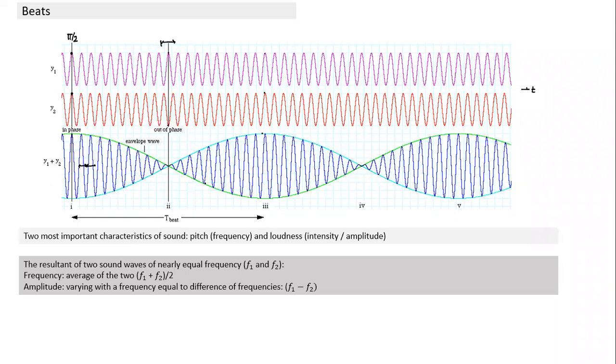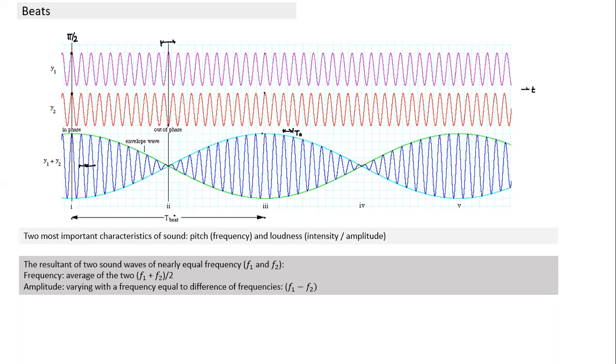The resultant oscillation: when I take this oscillation from this time to this time, this indicates the time period of oscillation, and the inverse of this time period is the frequency of oscillation. And this time to this time indicates the time period of intensity variation.